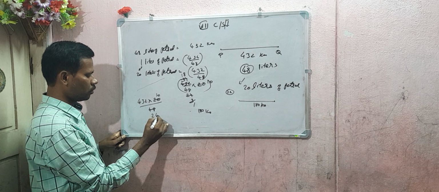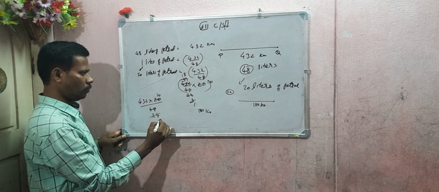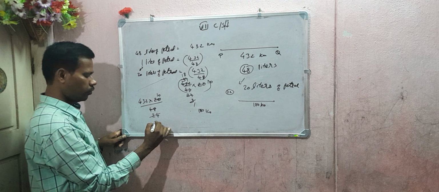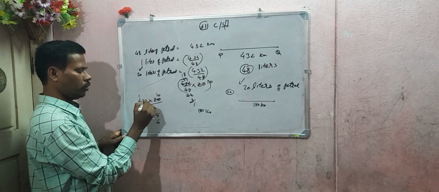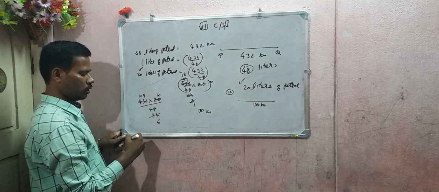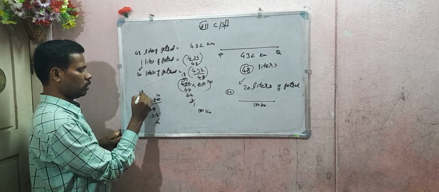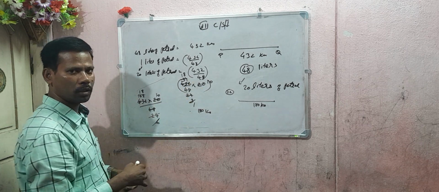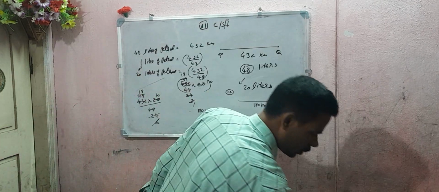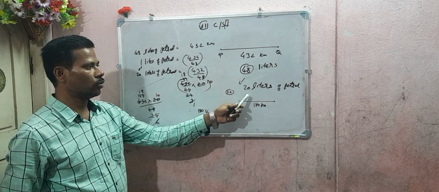I took the 4 table. 4 6s are 24. 4 ones are 4. 4 8s are 32. Next 6 1 is 6, 6 8s are 48. Like that, 180. Or you can calculate simplifications in a different way. So 180 kilometers is the answer with 20 liters of petrol.